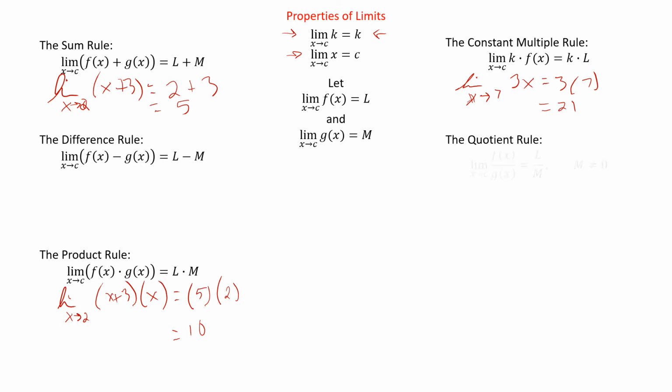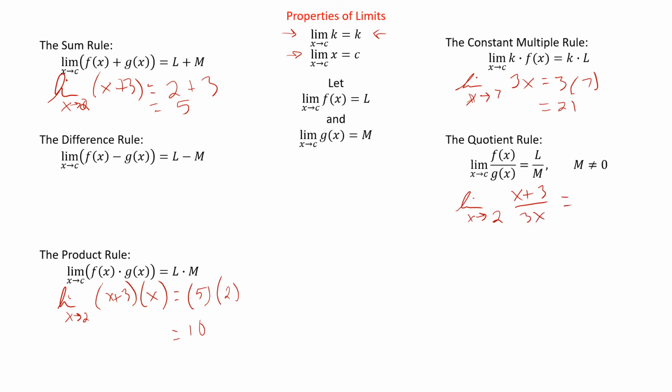Quotient rule. Same basic idea. If you're dividing functions, you can divide the limits, as long as that denominator doesn't equal 0. That makes it problematic. So if we had, say, the limit as x approaches 2 of x plus 3 over 3x.